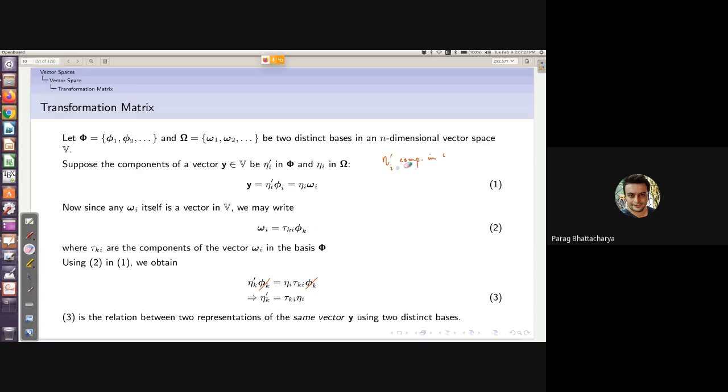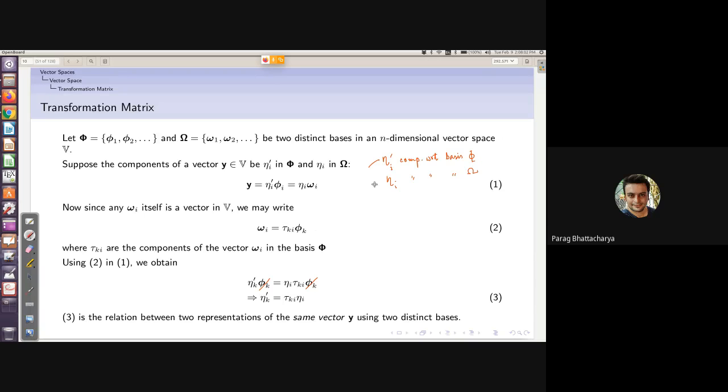These are the components with respect to the basis phi, and eta i, these are the components with respect to the basis Omega. I'm writing capital Omega. So these are two different bases. This is one basis, this is another basis, and these are the components in these two bases.